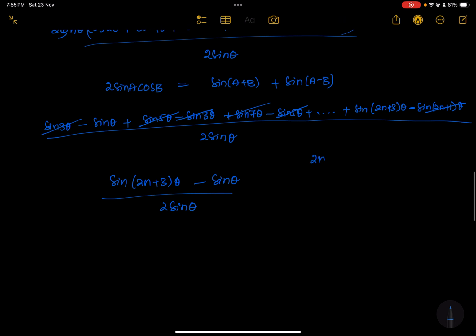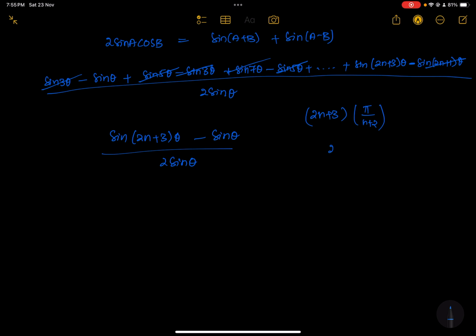So now 2n plus 3 theta is 2 pi minus pi by n plus 2, since theta is pi by n plus 2. If you cross multiply and check, this will be the same thing. Sine 2n plus 3 theta can be written as sine of 2 pi minus pi by n plus 2.